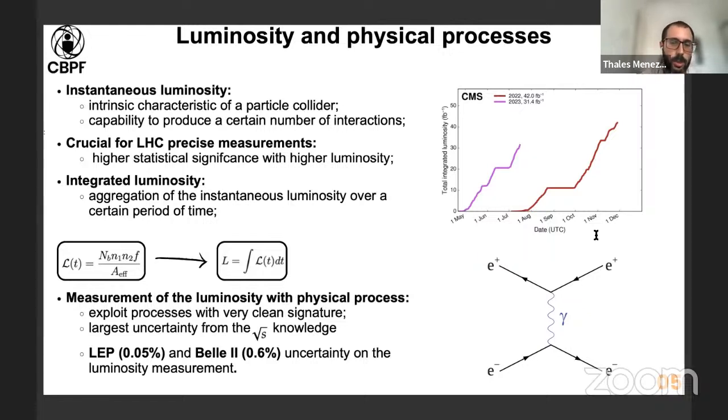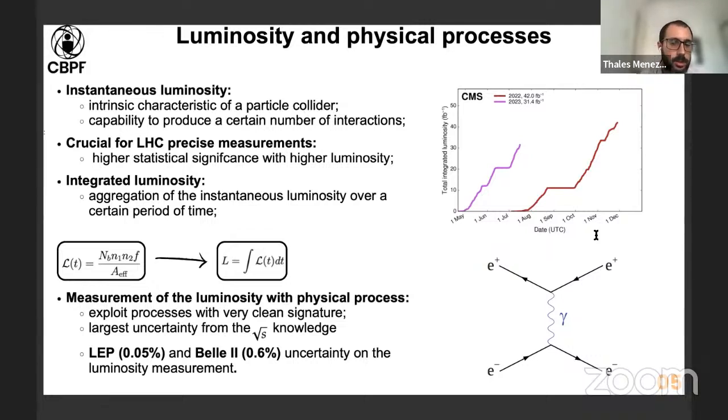The knowledge of this quantity, its measurement, and its uncertainties play a crucial role for the LHC's precise measurements, where we can achieve a high statistical significance if we have higher luminosity or a luminosity with a more precise measurement.